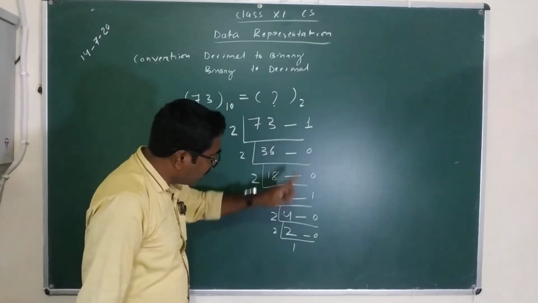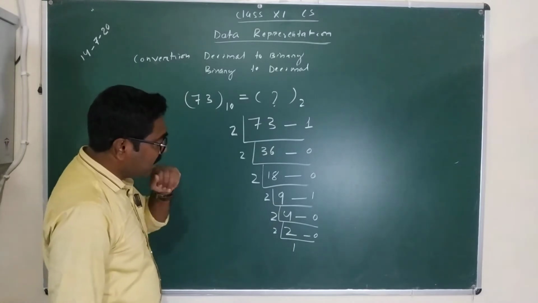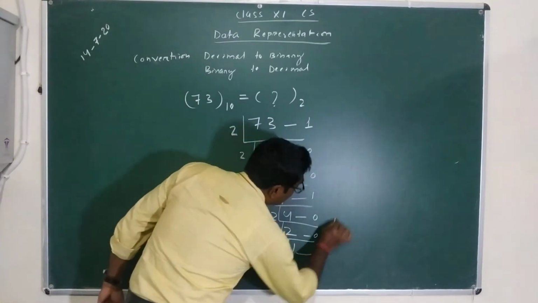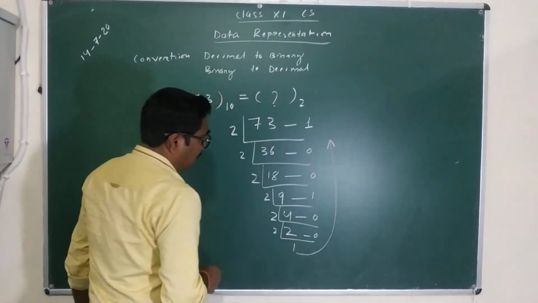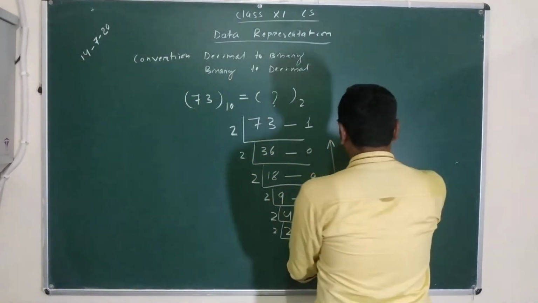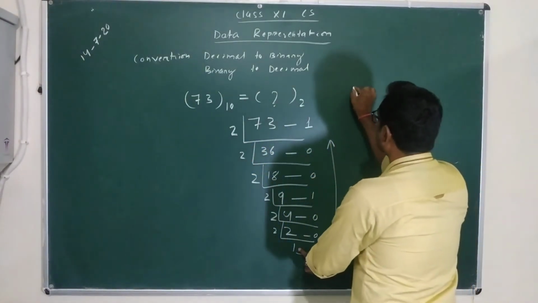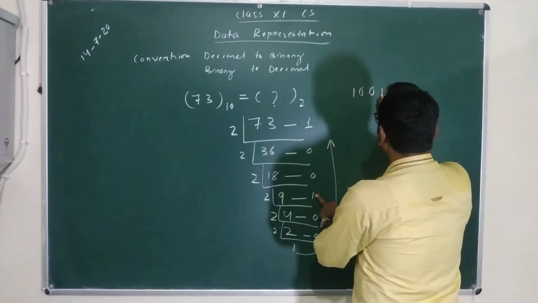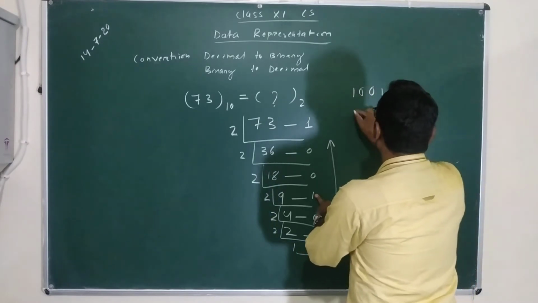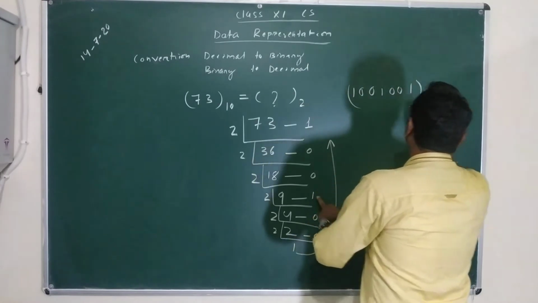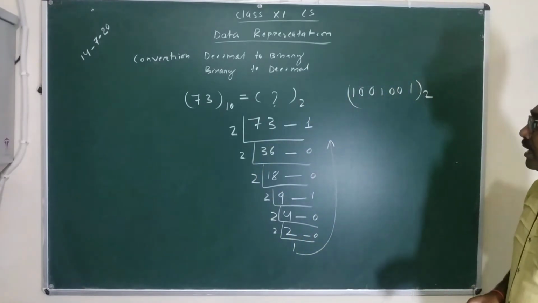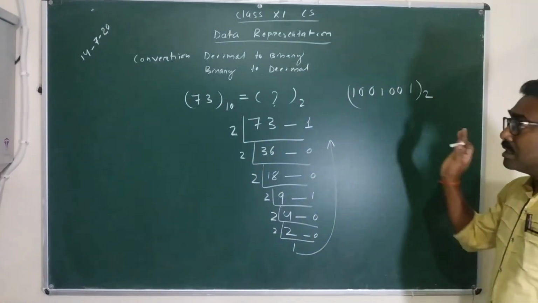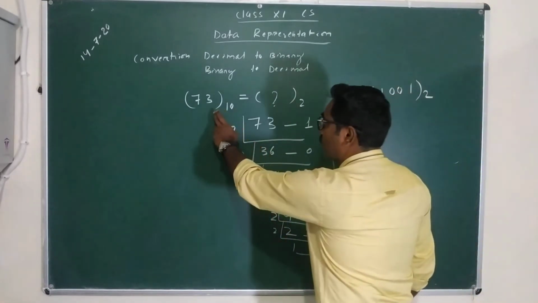So after you get 1 at the end, write down the number in the reverse way. That means 1 0 0 1 0 0 1 base 2 is the equivalent binary number of the decimal number 73.